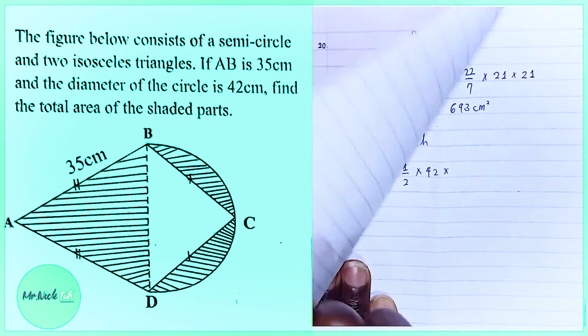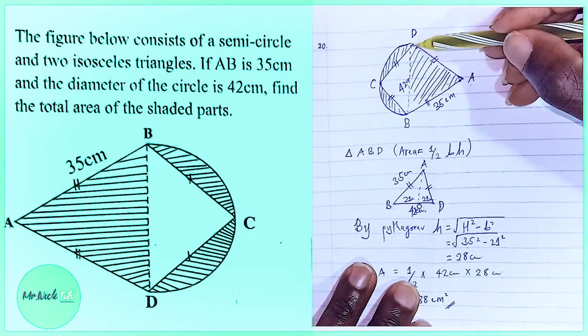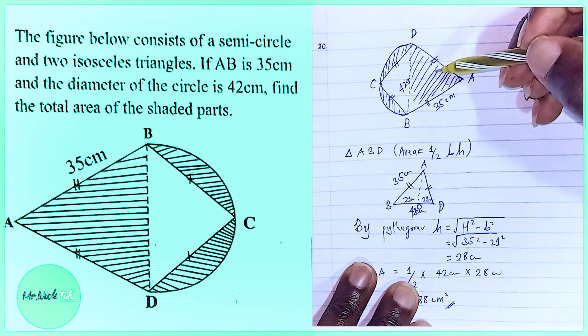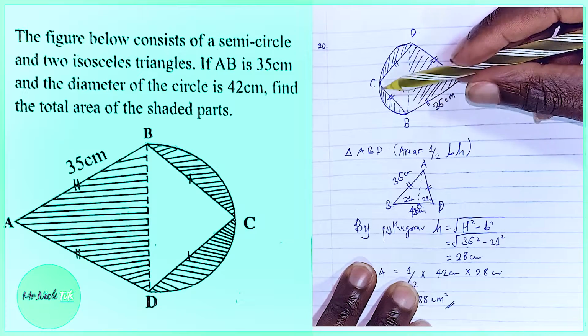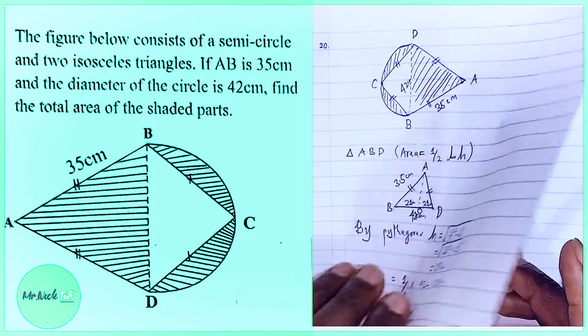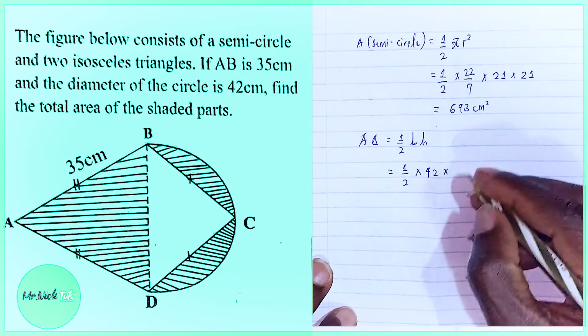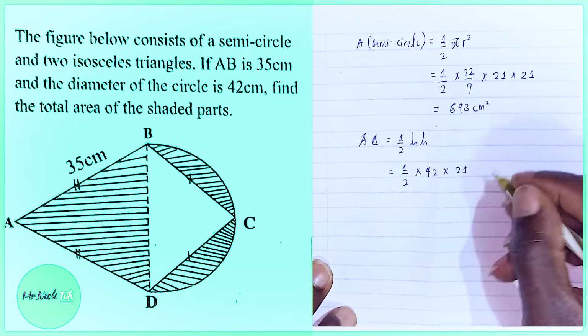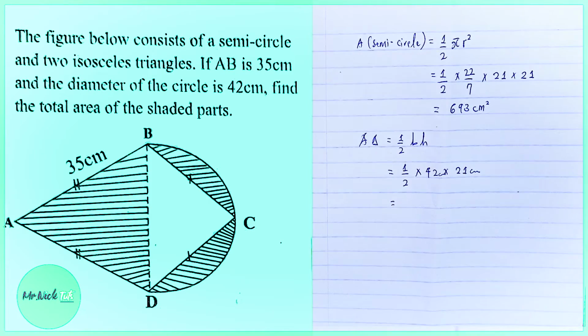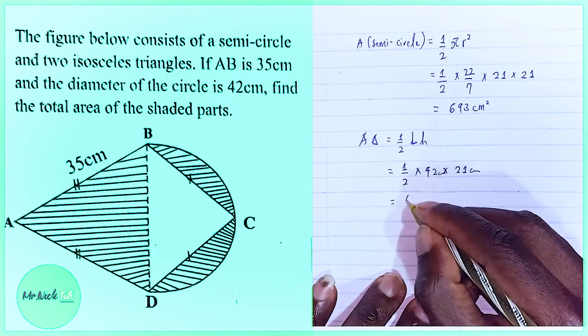Now, very special, the height of this triangle will be the radius of the whole semicircle. Because the radius goes up to the point C from the center, the height of the triangle will be the radius, which happens to be 21 centimeters. So the area of the triangle becomes 0.5 times 42 times 21, which will be 441 square centimeters.